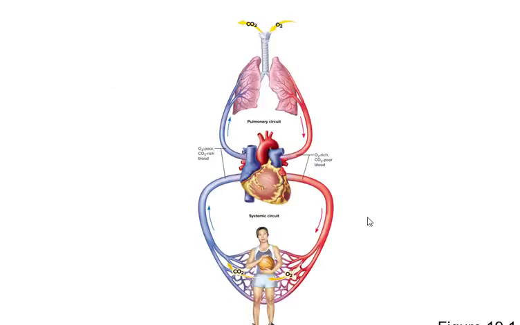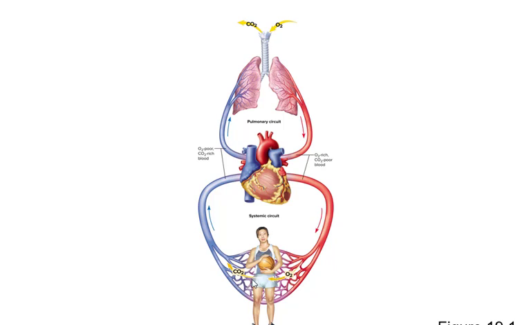So this is the first figure, and they're trying to show you this. So here we are leaving the heart, going to the lungs, coming back, and then going out to the rest of the body.